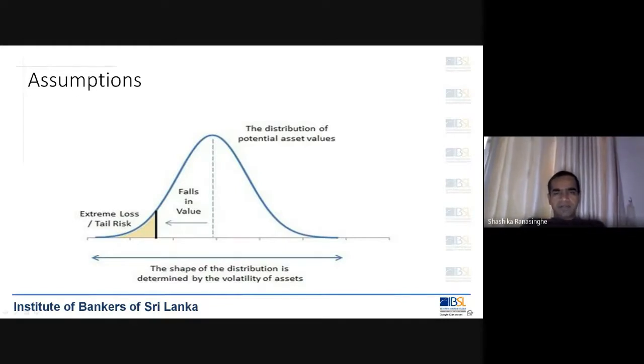A bell-shaped curve is called a bell-shaped curve or a normal distribution curve. Right, something we have already learned in grade 2.